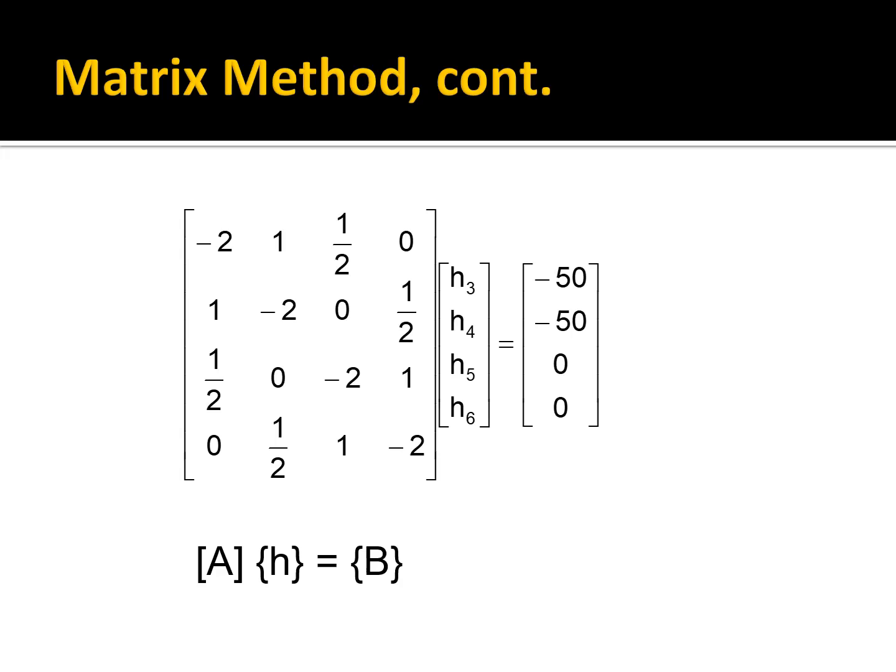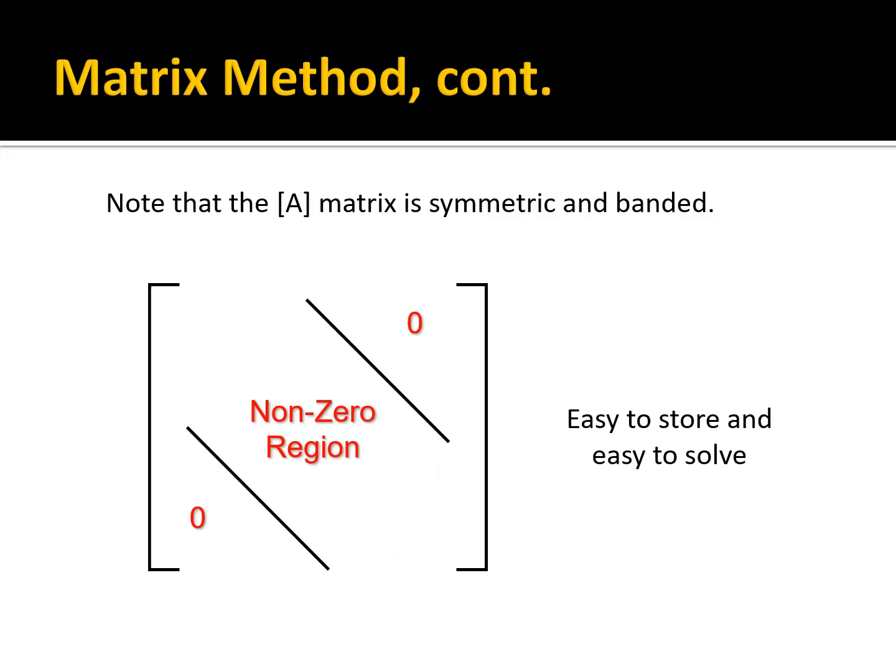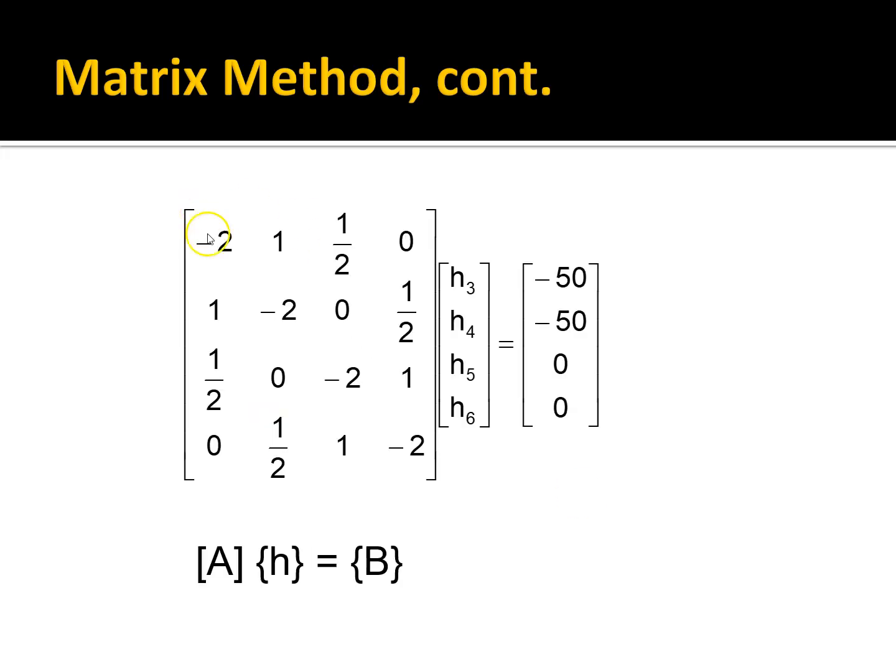Another thing to notice is this matrix is symmetric and banded. So if you look down this axis, we have negative 2's here, but that may not always be the case. But look, actually, I think it is.